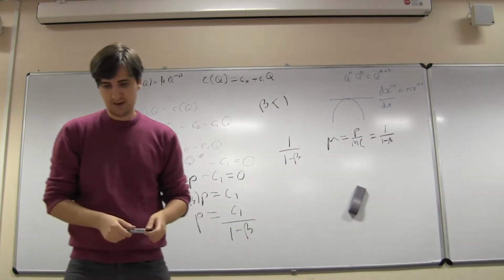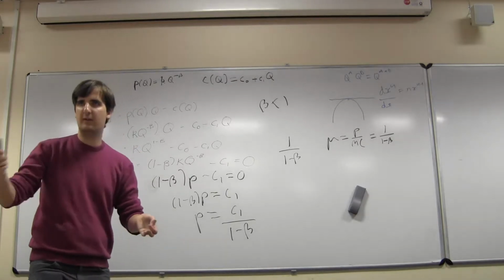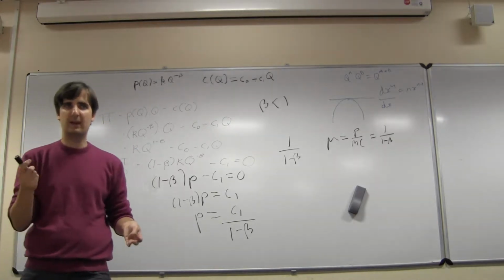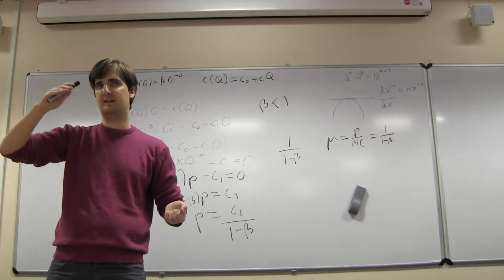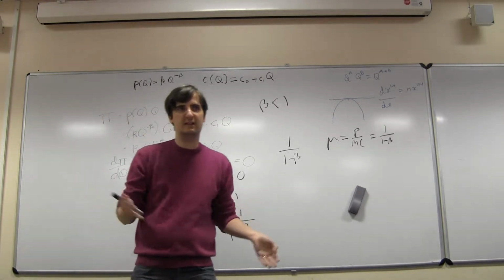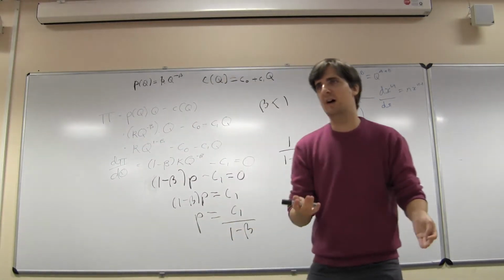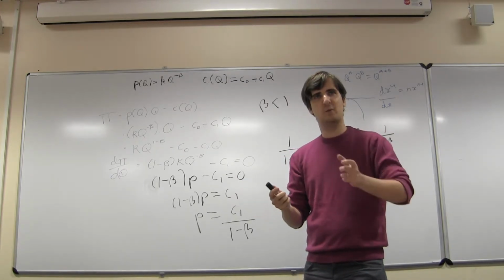So if the demand curve is too inelastic, that means monopolists just want to set higher and higher prices, and eventually if demand is sufficiently inelastic, they want to set an infinite price. It's like your demand for one slice of bread a day or a glass of water a day.